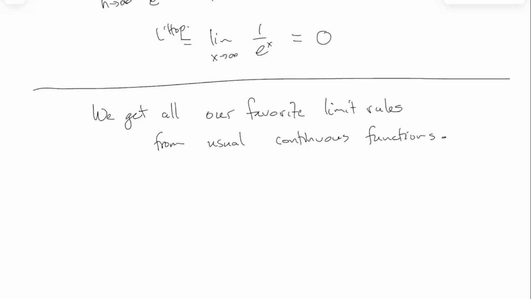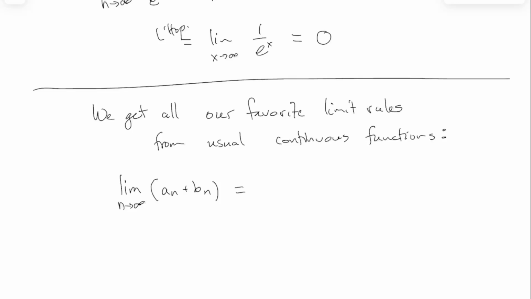And I'm going to write down a big list here. These are usually things that you don't even think about because you use these rules so often. But for instance, there's a rule that says, well, I'll just write the version for sequences: the limit as n goes to infinity of a_n plus b_n. So if you have two sequences added together and you take the limit of each of them, there is a similar rule about functions. If you have two functions added together and you take the limit of each.